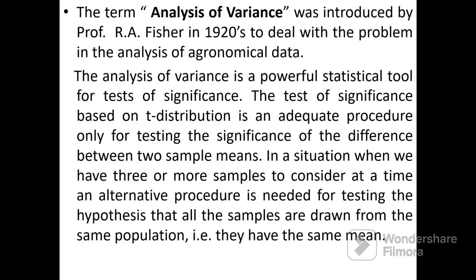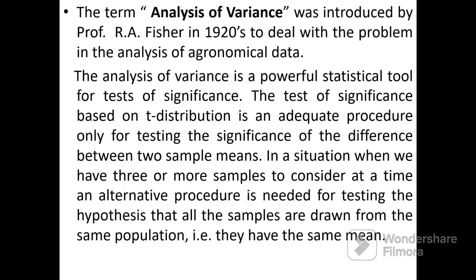In this particular slide, it has been said that the analysis of variance is a powerful statistical tool for test of significance. The test of significance based on t-distribution is an adequate procedure for testing the significance of the difference between two sample means. In a situation where we have three or more samples to consider at a time, an alternative procedure is needed for testing the hypothesis that all the samples are drawn from the same population.